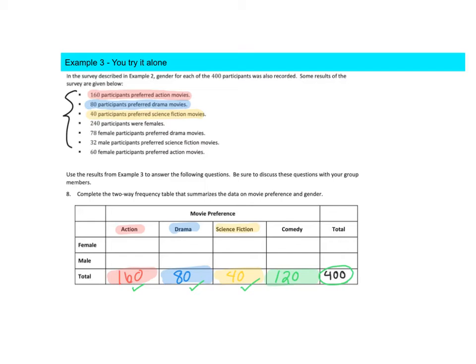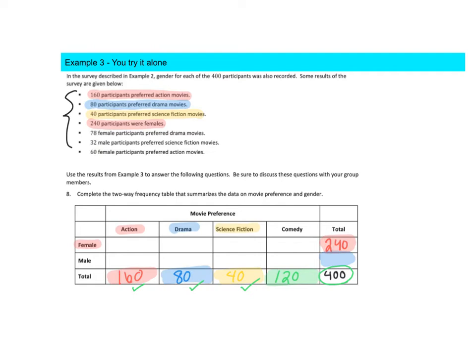the comedy. Okay. Moving on to our next section, it says 240 participants were females. So there were a total of 240 females. Okay, so that number is going to go right here because this is our female column. Now, if we now know that female column, can we figure out how many males there were?